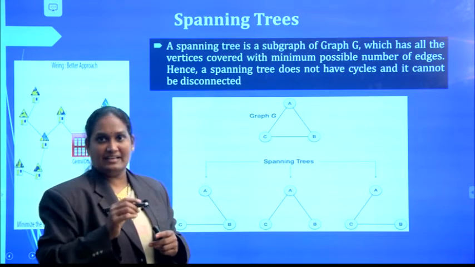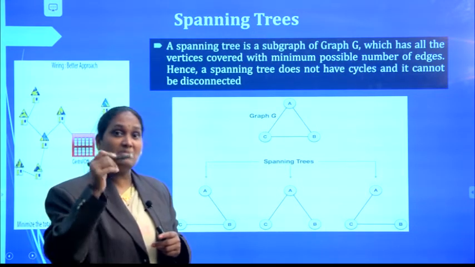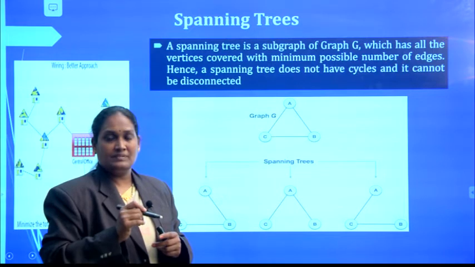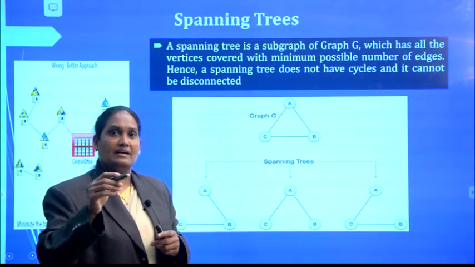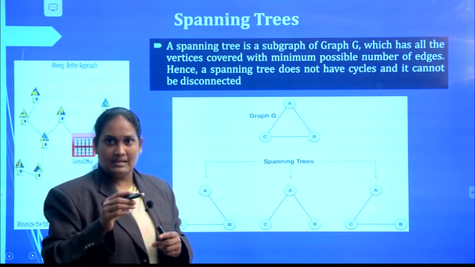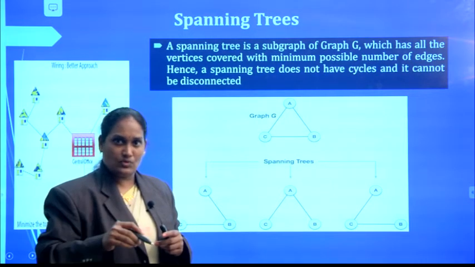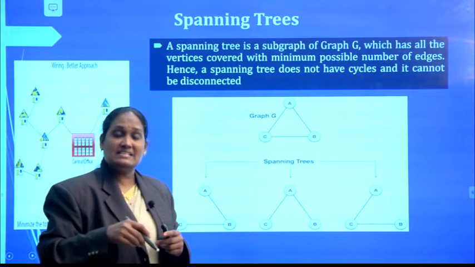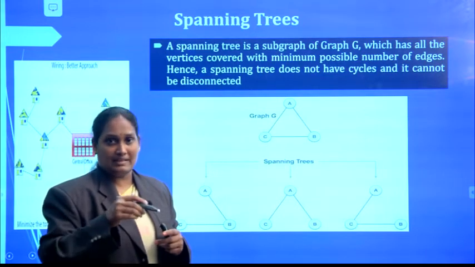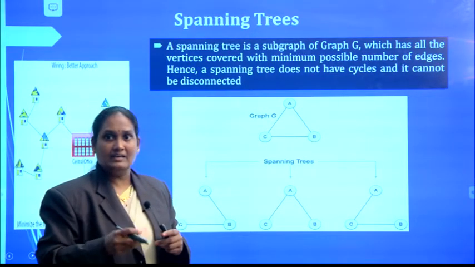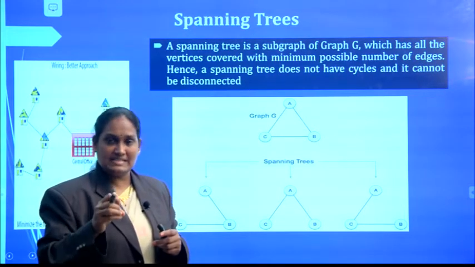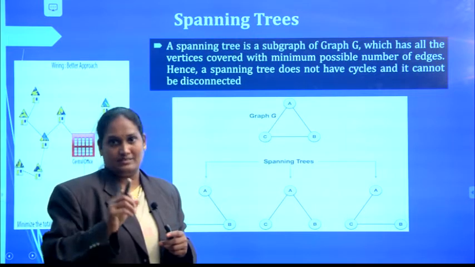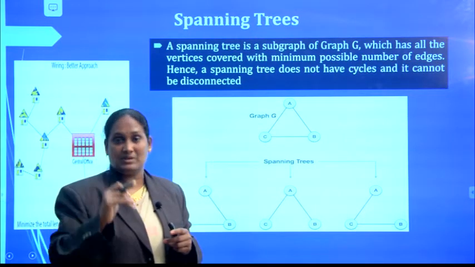For example, if your graph contains 4 vertices, its spanning tree also contains 4 vertices, and the number of edges present in that spanning tree is 3, not 4, the minimum number of edges.